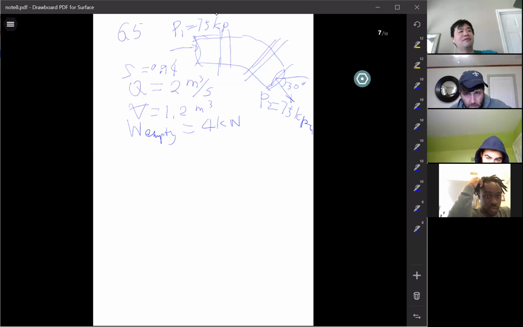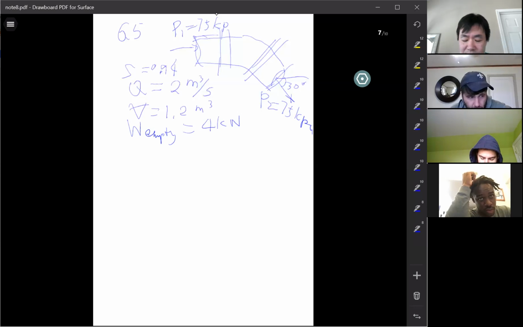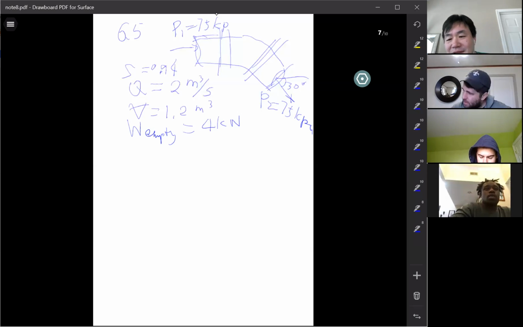Next time if you see any question asking you to calculate a force, there's an 80 to 90% chance that you need to start with the conservation of momentum equation. When you solve a problem, after you read the statement, the first thing is to identify which equations you are going to use. So here's a trick: if you see a question asking for the force required to hold something, 80 to 90% chance you need to start with conservation of momentum.